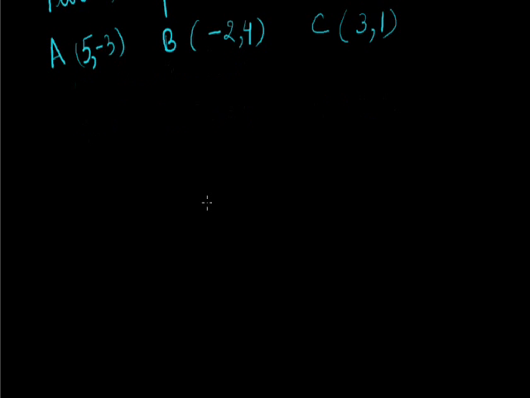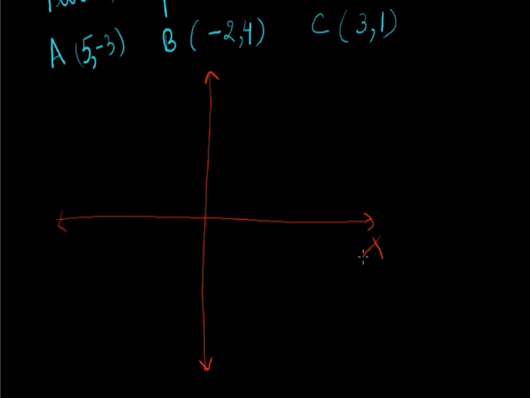For plotting these 3 points, first of all, draw the coordinate axis. And name them, which is your x-axis and which is the y-axis, and also the negative direction of the two.